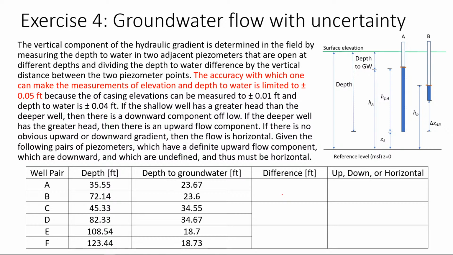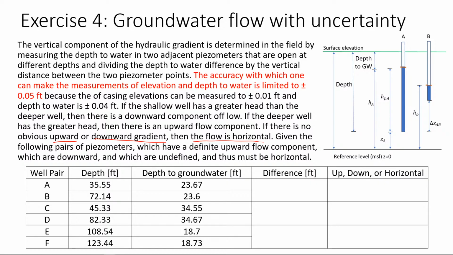So if this difference is positive or negative and above a certain number, then it should be an upward or downward gradient. If not, then it should be a horizontal flow.